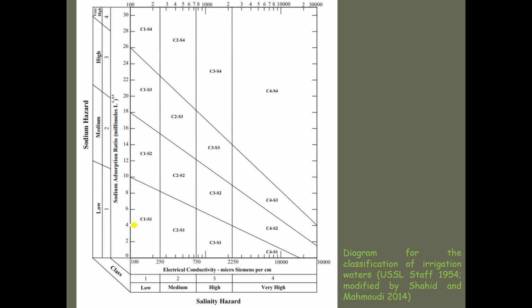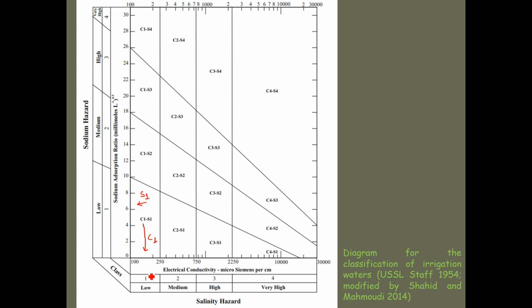So if I say this water is C1, C1 means this one. And S1 means this one. If I say this is C1 water, it means it has low electrical conductivity.